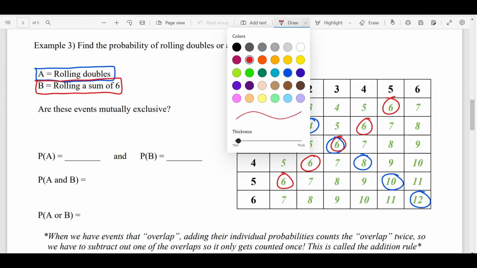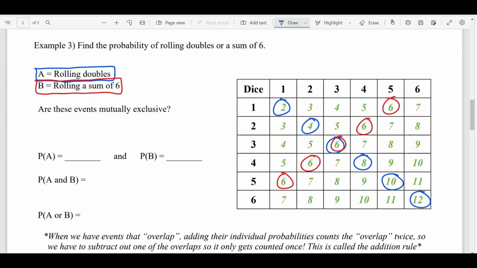Okay. So now I can see all of a sudden I have some overlap. I have an overlap right there where I roll a 3 and a 3. Rolling a 3 and a 3 is rolling doubles as well as rolling a sum of 6, which means that these 2 events are not mutually exclusive because you can roll a 3 and a 3.